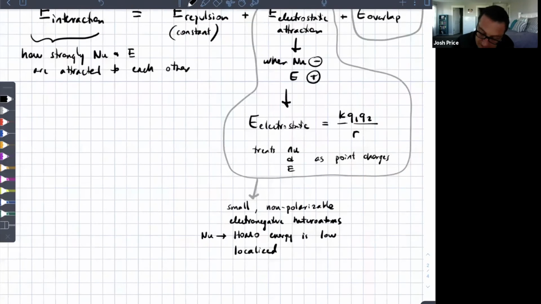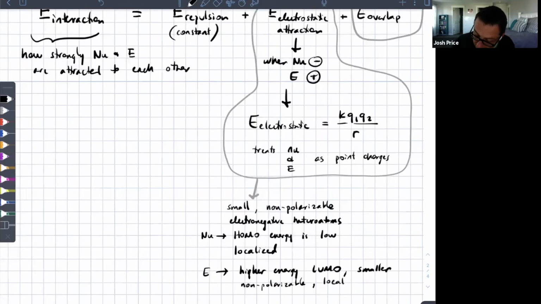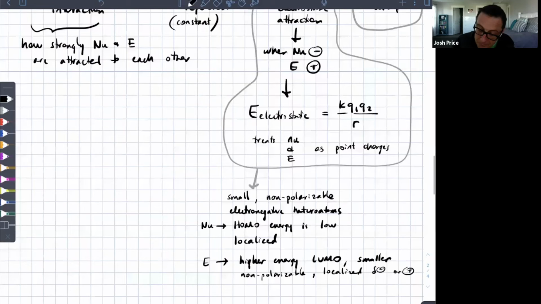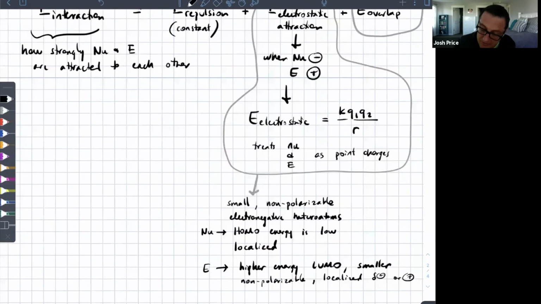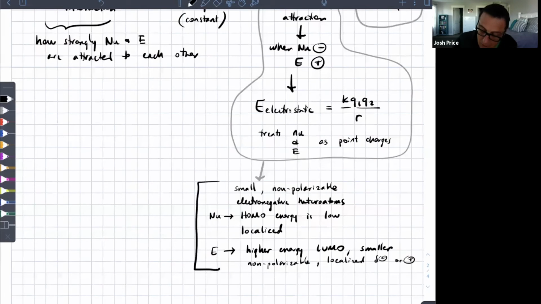Similarly, electrophiles that fall into this category have higher energy LUMO orbitals. They typically are on smaller atoms, also are fairly non-polarizable, with localized partial positive charge or even full-on positive charge. And these types of nucleophiles and electrophiles will have a strong electrostatic interaction.